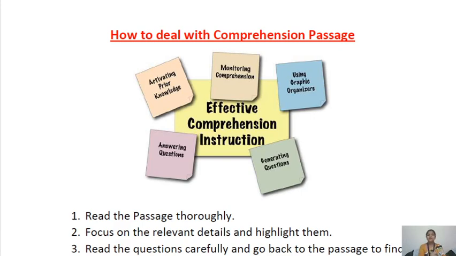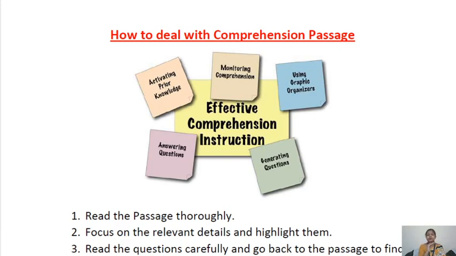So, activating prior knowledge: when you start reading anything, any story, or any event, or any kind of description that is given to you, you start linking that information with the information you already have in your mind, in your memory. When you start linking the information given in the passage with your prior knowledge, what exactly is it?